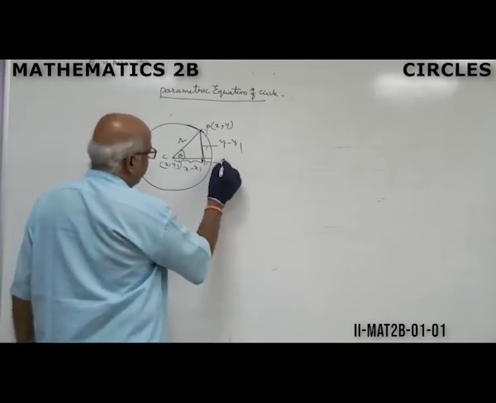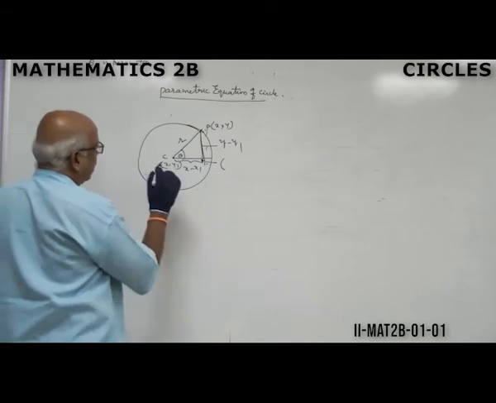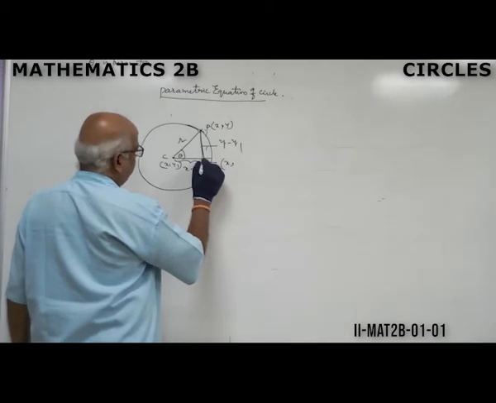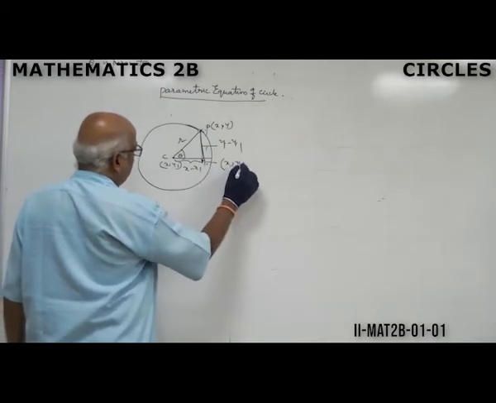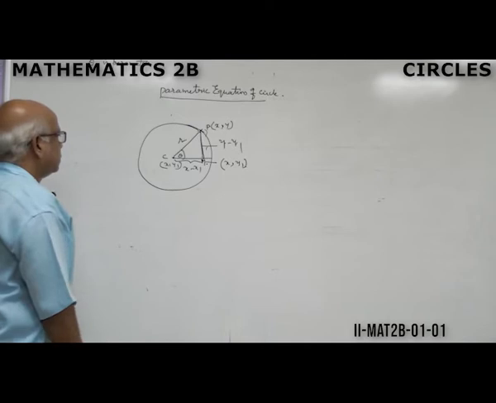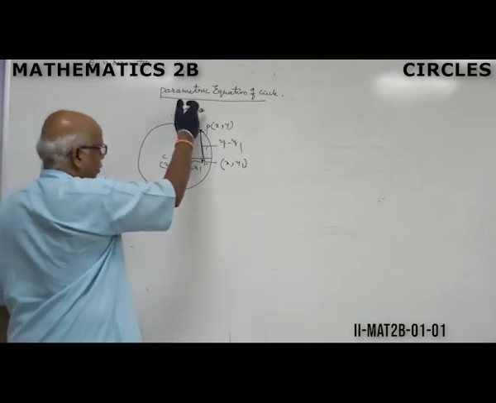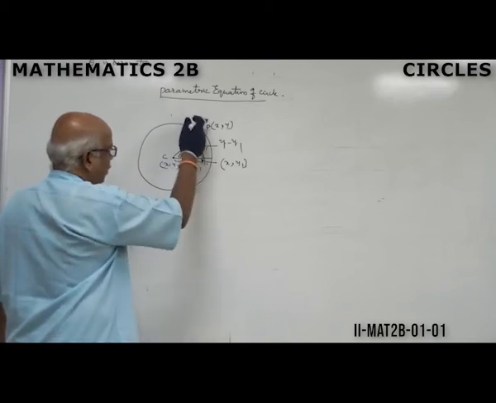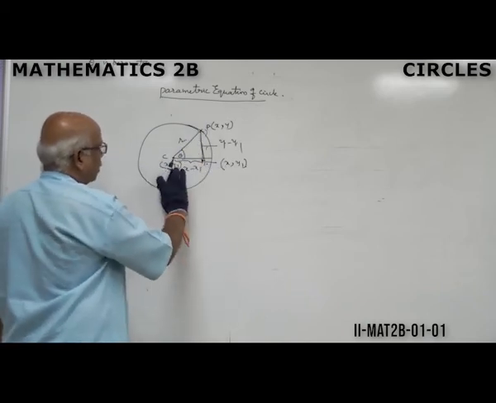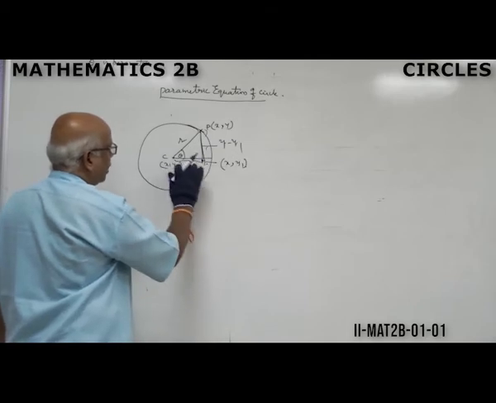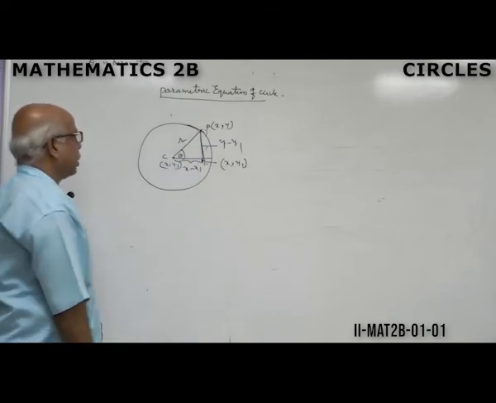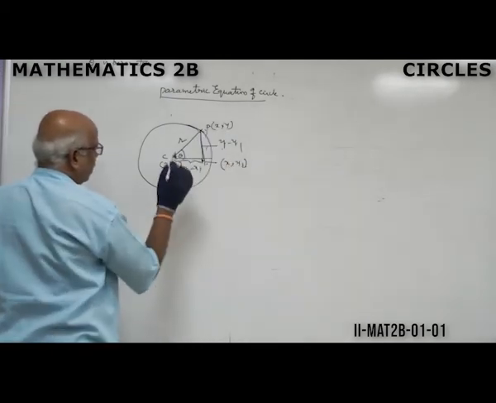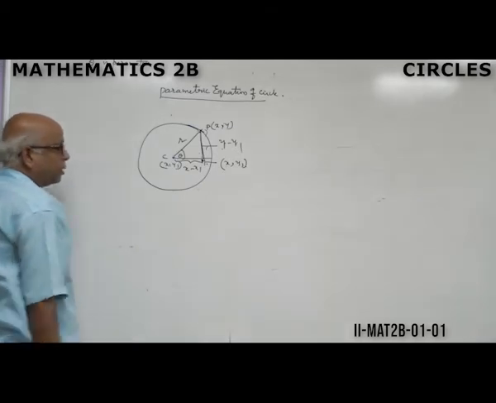Or in other words, M's coordinates can be taken as (x, y1), because on this line the x coordinate is x, and on this line the y coordinate is y1. Therefore (x, y1). So y minus y1 is the length here, and x minus x1 is the length.